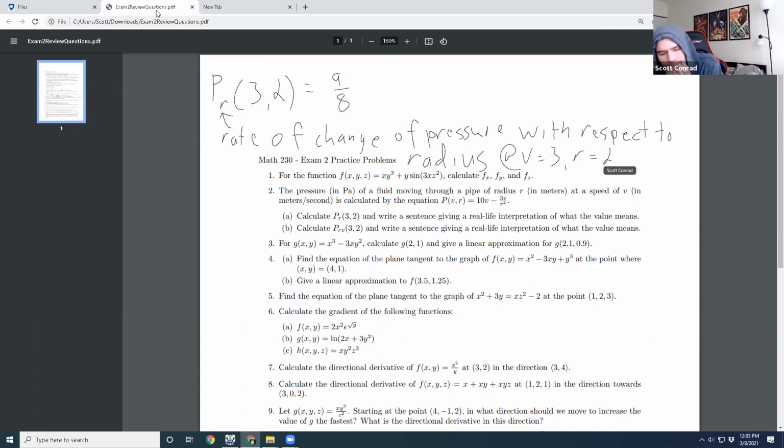So in other words, that's not really a sentence describing what it does. So it means you're at radius equal to 2, velocity equal to 3.